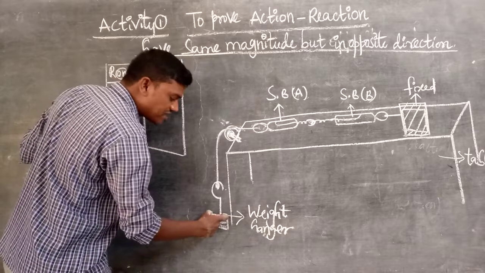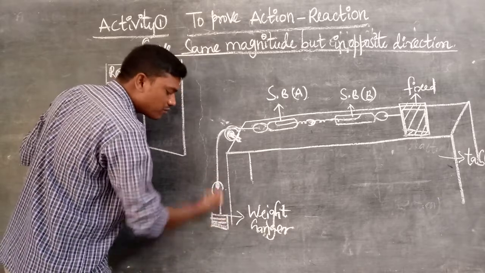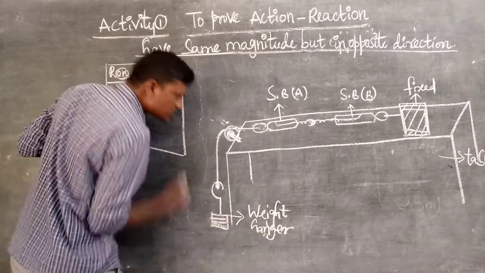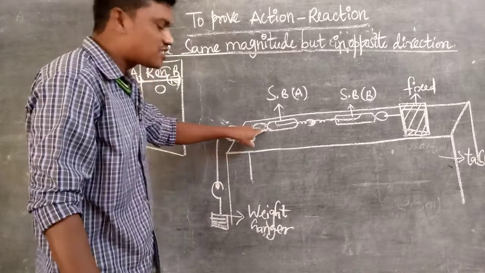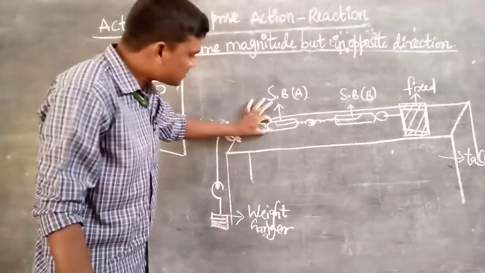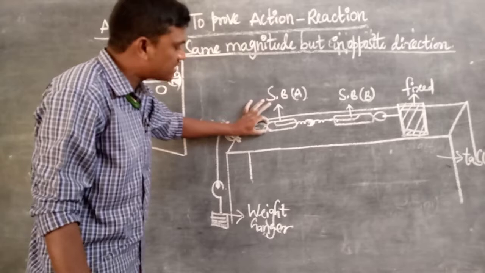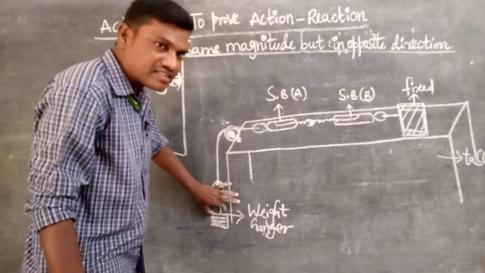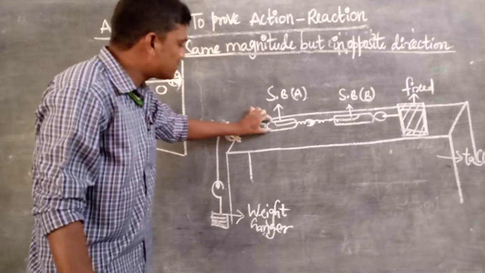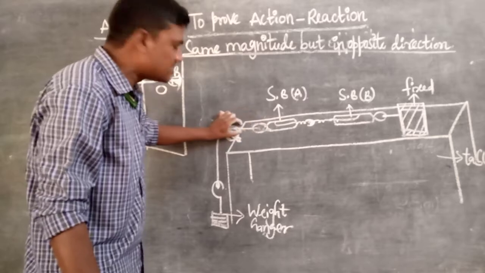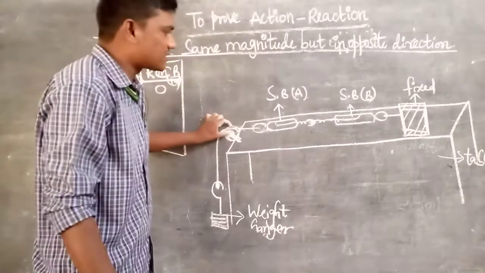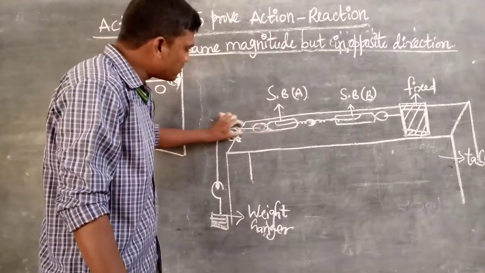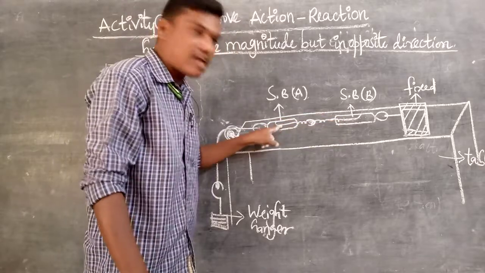Due to the gravitational force pulling downward, that force acts on spring balance A through the weight hanger. The spring balance tends to move in this direction. But is the spring balance coming along with it?